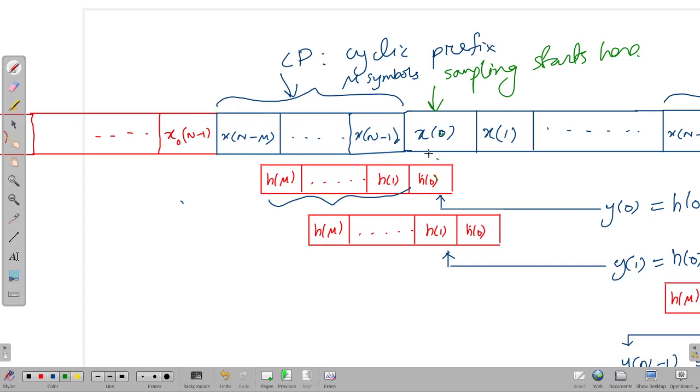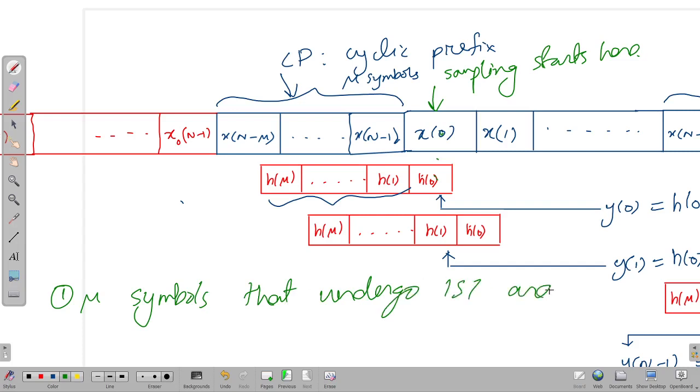The cyclic prefix is also part of this transmission block, and all the mu symbols before, that undergo ISI, are neglected.